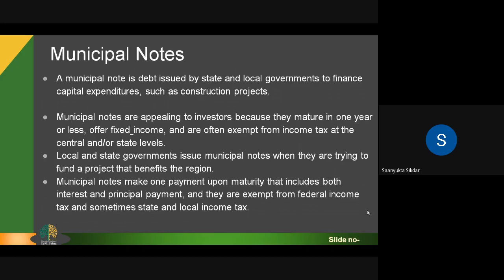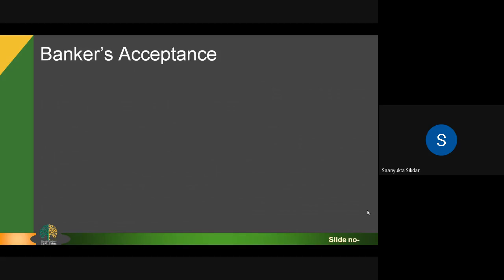Municipal notes make one payment upon maturity that includes both interest and principal payment, and they are exempt from income tax as well.